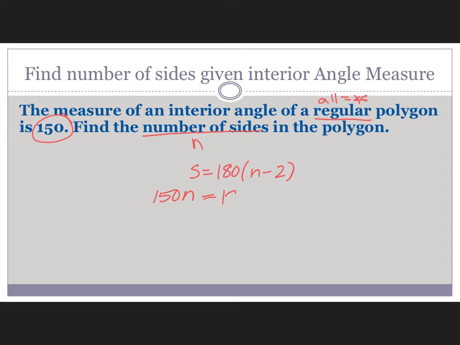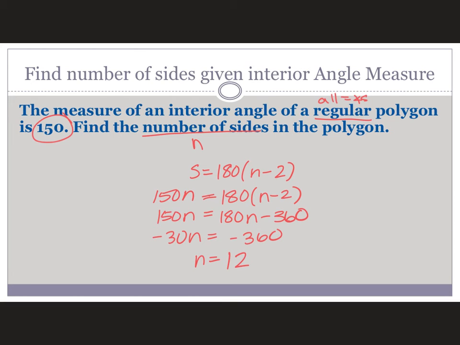So 150n is equal to 180 times n minus 2. So 150n is equal to 180n minus 360. So then that's going to be negative 30n is equal to negative 360. So then n will be equal to 12. So this is a figure with 12 sides. And if you recall, 12 sides is a dodecagon.